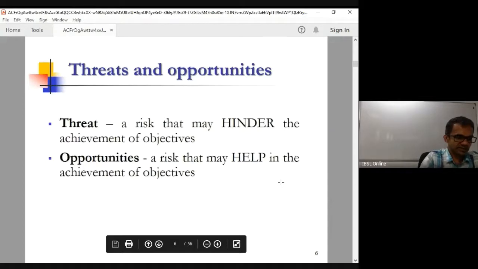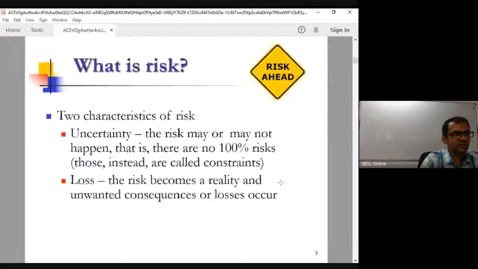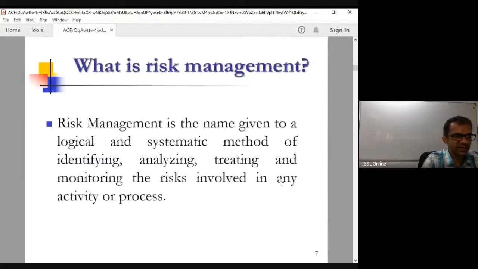If we have some idea about what risk is, then what does risk management mean? That's a process. You might have learned management. You can define it in many ways, but basically it's a scientific process, a very well organized, well-known process.